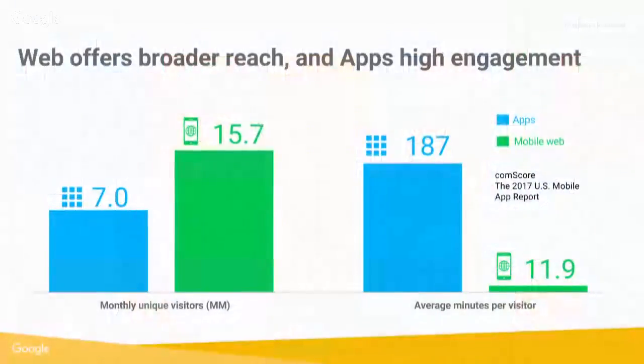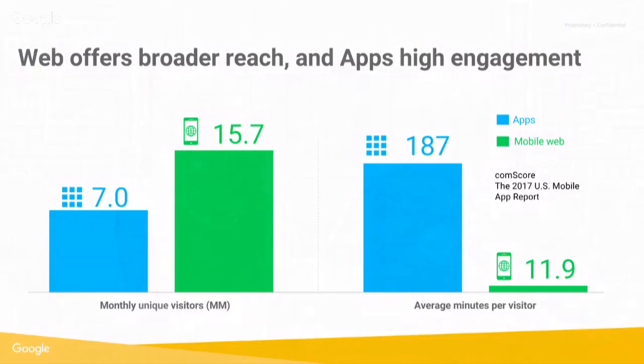Also, an interesting fact: while web offers a broader reach, apps tend to offer higher engagement. Here are the latest stats from comScore from 2017. From a web perspective, we see 15.7 million unique visitors per month compared to only 7 million on apps.